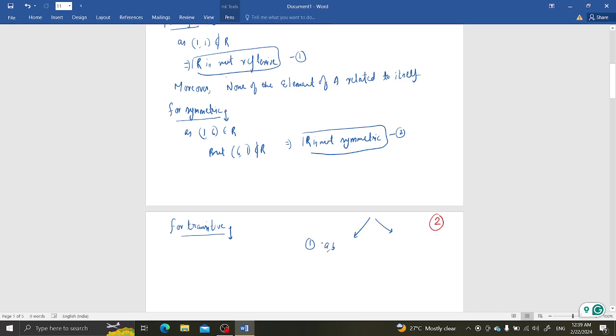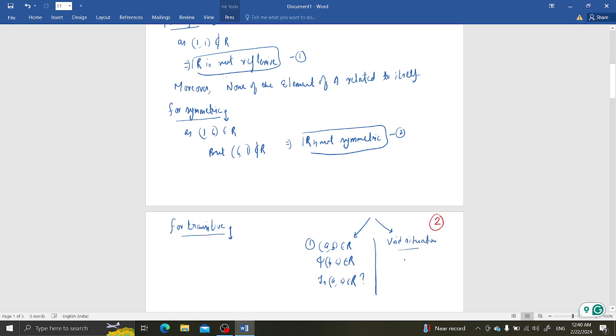If (a, b) belongs to R and (b, c) belongs to relation R, then we need to check whether (a, c) belongs to R or not. If this is true for each pair of ordered pairs, then R is transitive. And another definition is the void situation.